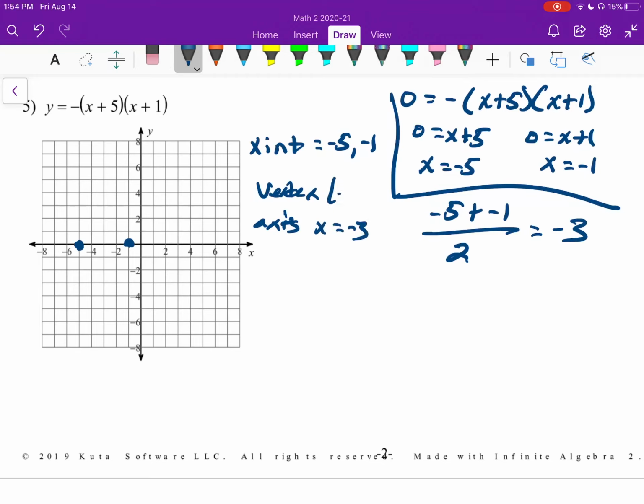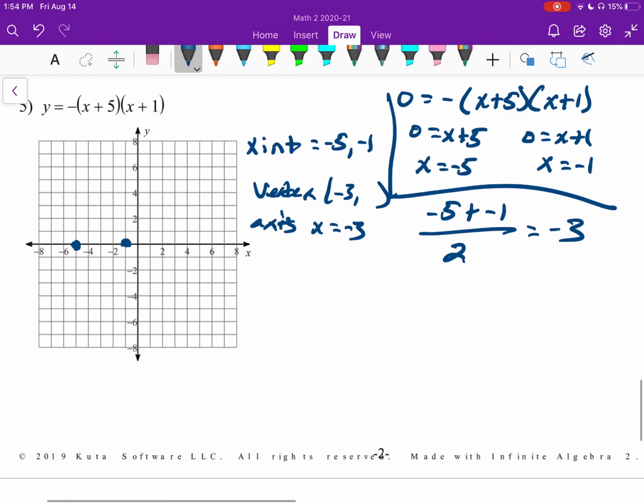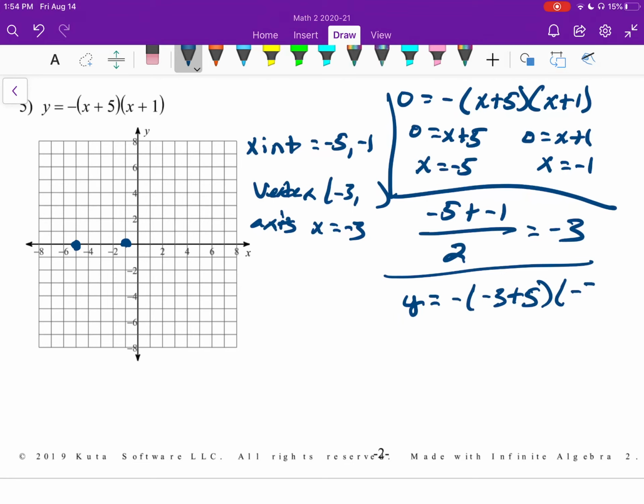My vertex starts off at negative 3. To find the rest of my vertex, I'm going to plug into the equation. So I've got y equals negative (negative 3 plus 5)(negative 3 plus 1). This gives me negative 2, then another negative 2, which gives me, is that a positive?